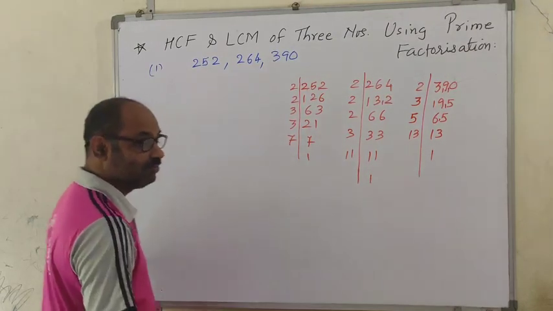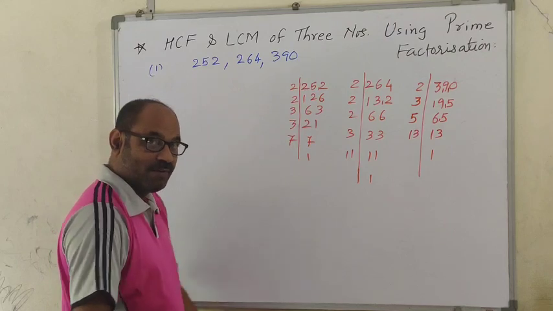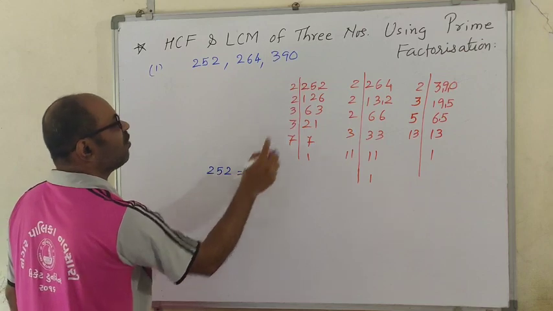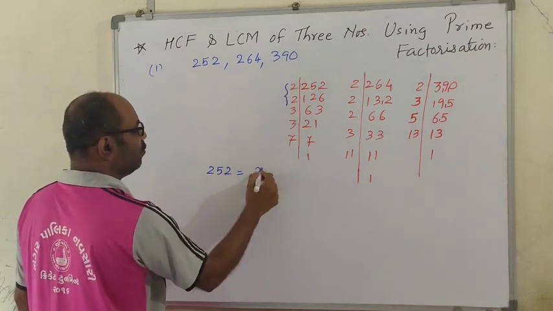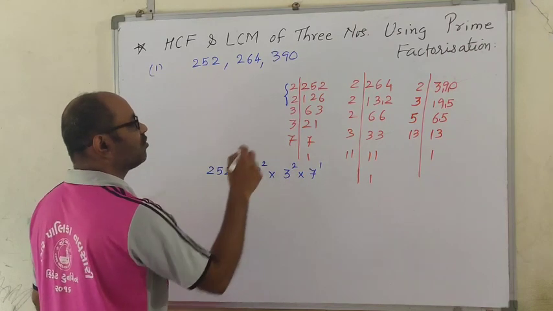Let us write down. We'll use the fundamental theorem of arithmetic, right? 252 is equal to 2 square into 3 square into 7 raised to 1.